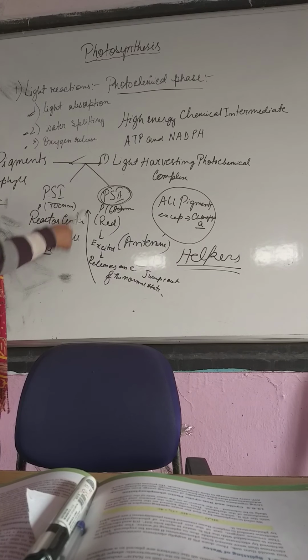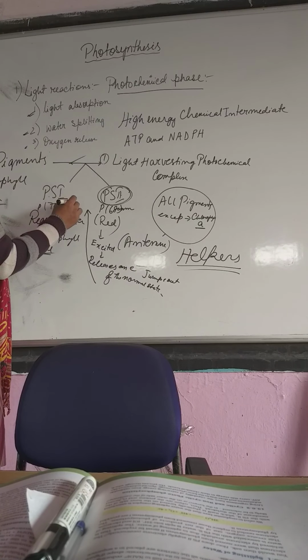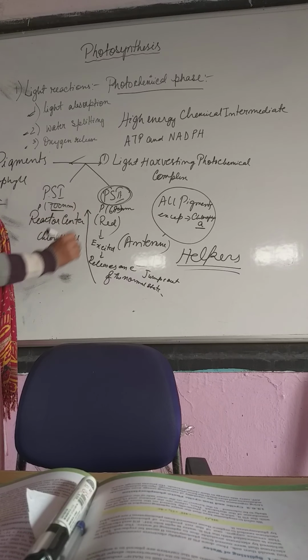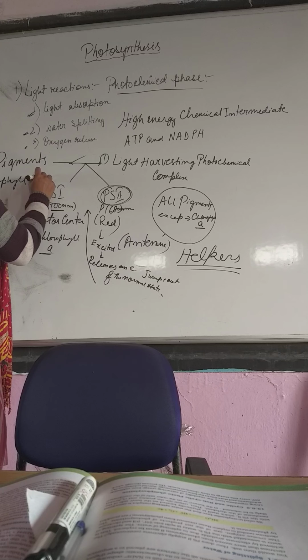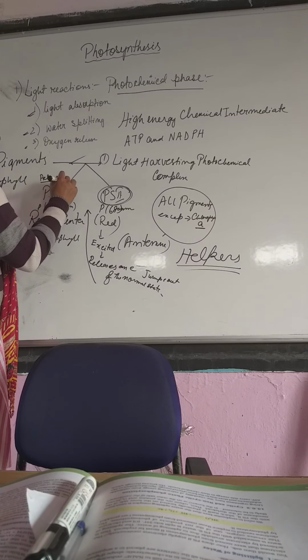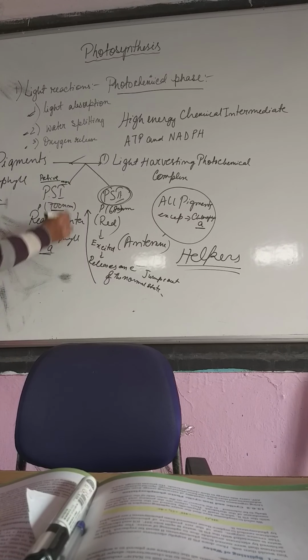Now when it moves uphill, it is accepted by photocenter 1 that absorbs 700 nm, and energy-wise it is more active. Again, when this electron is accepted here, it also releases an electron, and this electron moves downhill.